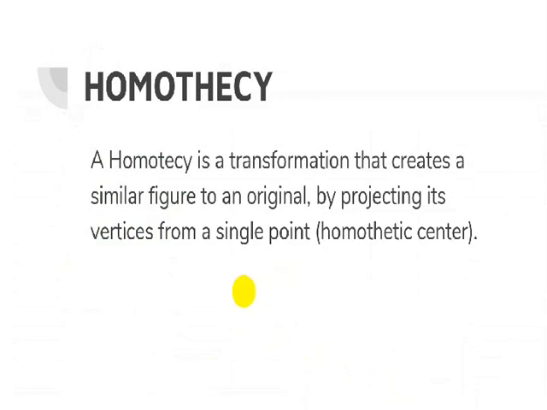Now, Gabriela. Okay, homothecy. A homothecy is a transformation that creates a similar figure to an original by projecting its vertices from a single point, homothetic center. Okay, pretty good. That's really good. Okay, last person, because we're going to continue.